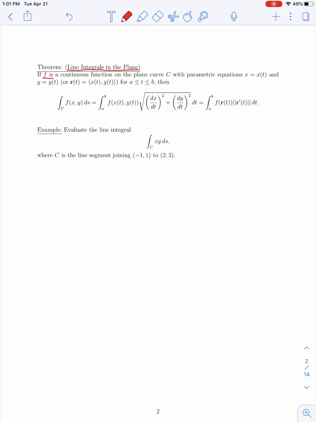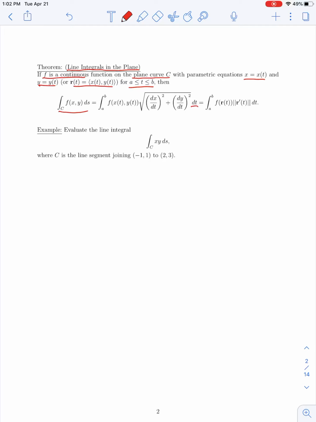So let's see how this theorem works. It says if we have a continuous function f over some plane curve C that has parametric equations x of t and y of t, or equivalently as a vector function r of t whose component functions are x and y of t, for parameter values t ranging from a to b, then this line integral of the function f over that curve with respect to arc length can be found by setting up an integral in terms of the parameter t.